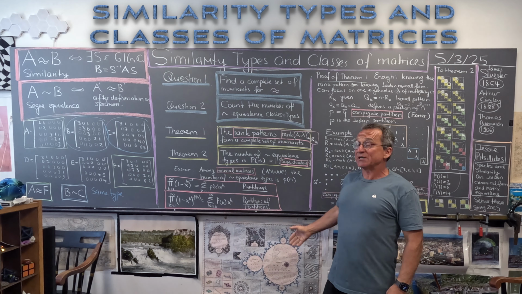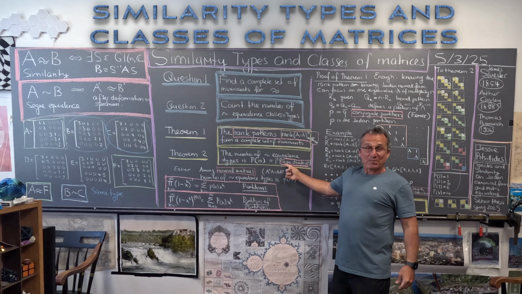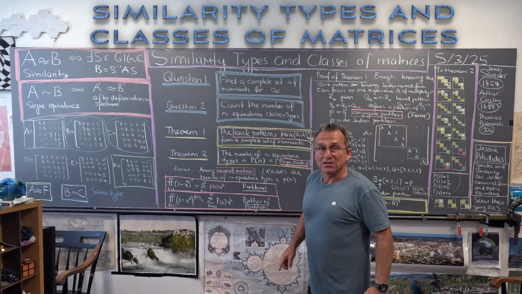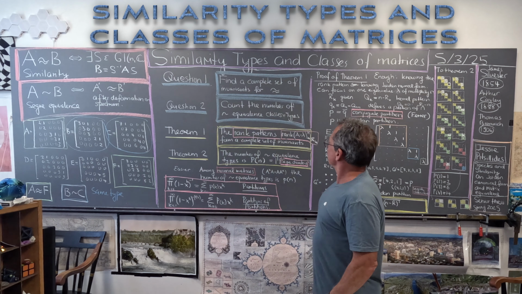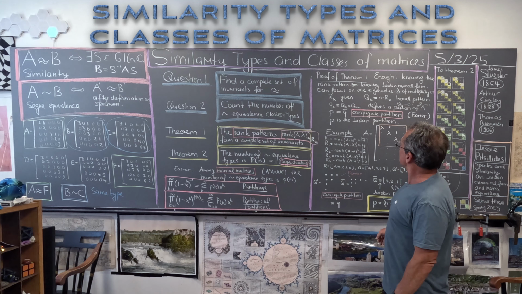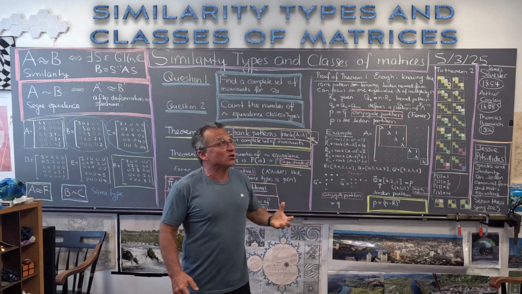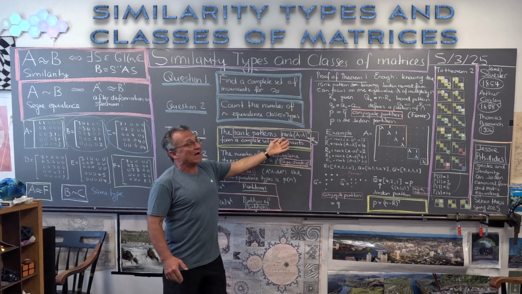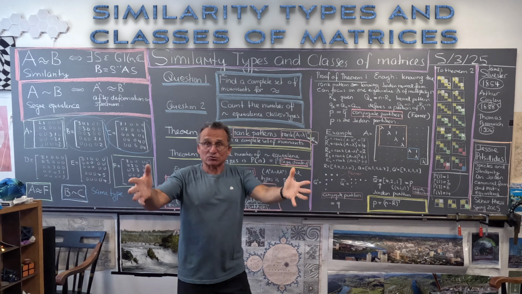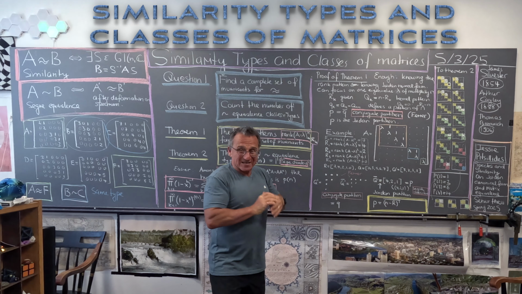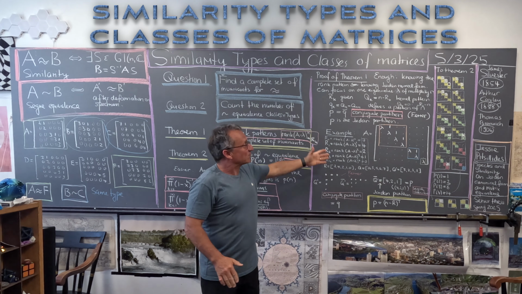This Segre characteristic bears the name of Segre, Benjamin Segre, who was an algebraic geometer. So this is interesting. Let me just say something about this explicit way how you can get from the rank patterns, how you can get the structure of the Jordan normal form, and it's very nice because it is a little bit of combinatorics.